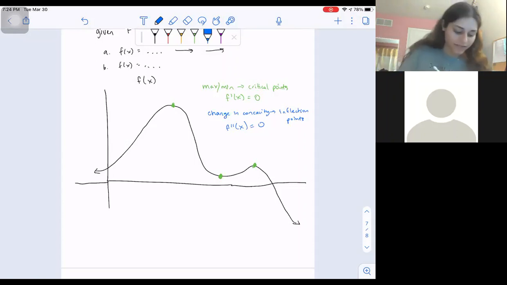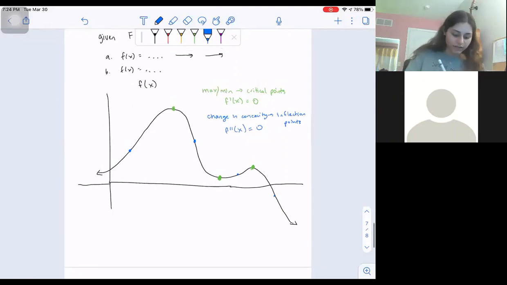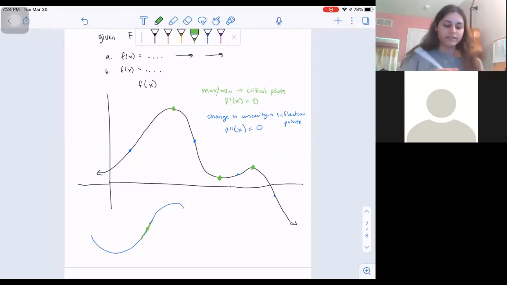So I'm saying my inflection point is probably right there, right there. This one isn't really well drawn, but maybe right here. If we have it going from concave up to concave down, where is the graph almost linear? That point is always your inflection point.